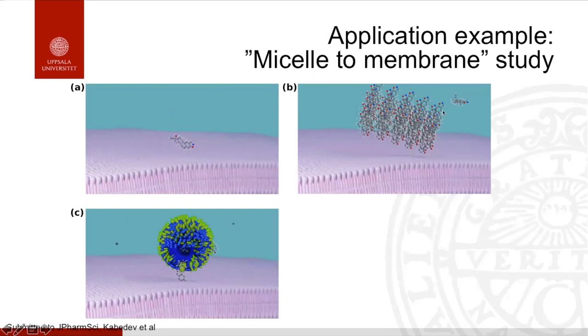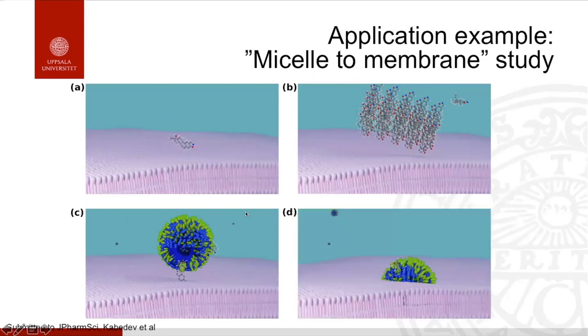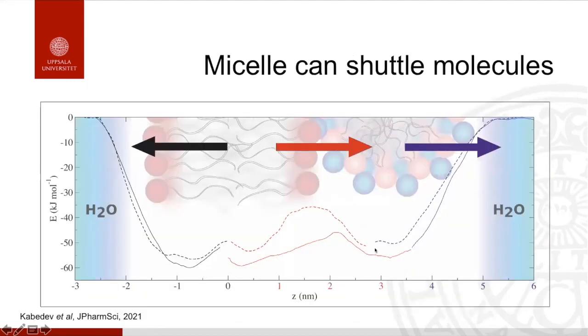Because otherwise it would aggregate and form some cluster that wouldn't really penetrate the membrane. Two potential good scenarios would be that it would just give away the molecule, or that the whole micelle would join. In both cases, we can study with free energy calculations. So this is something we actually published together with Shagavat.